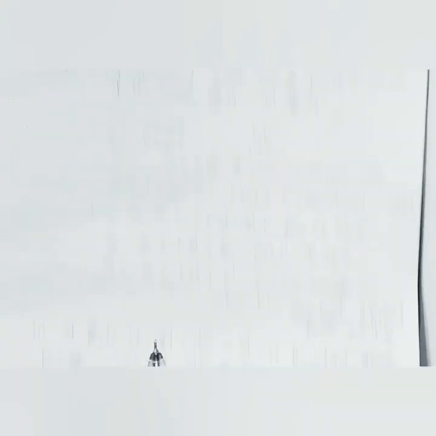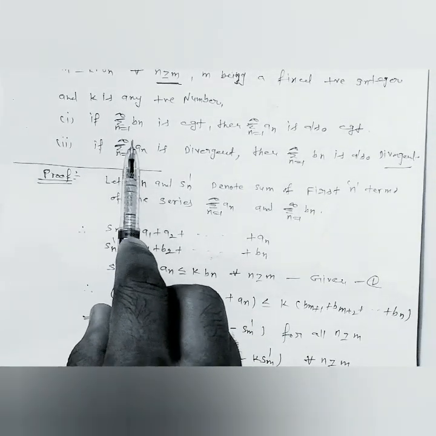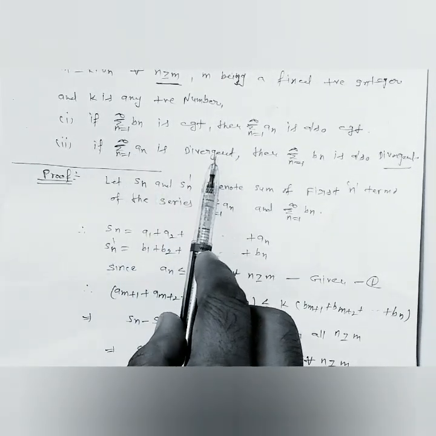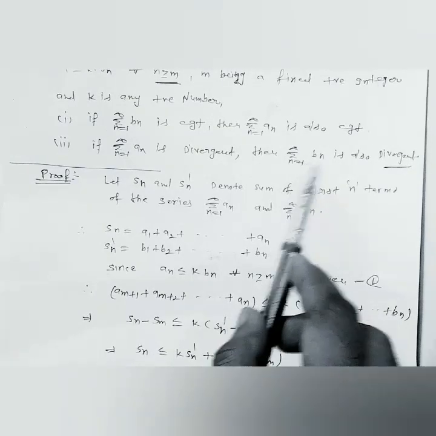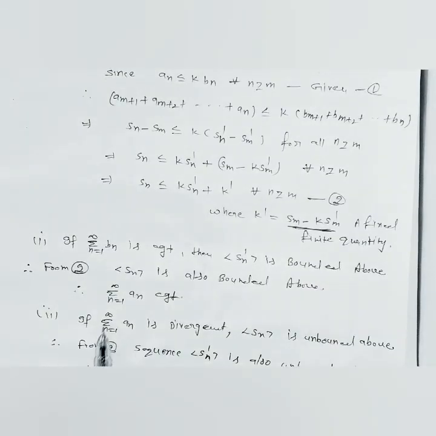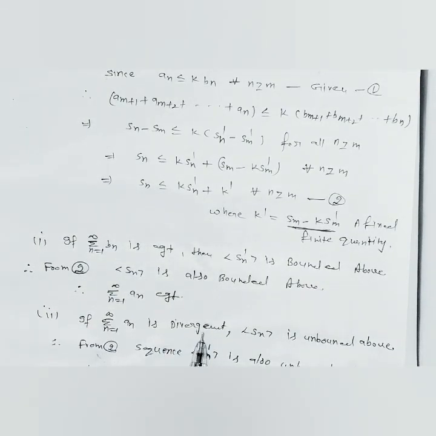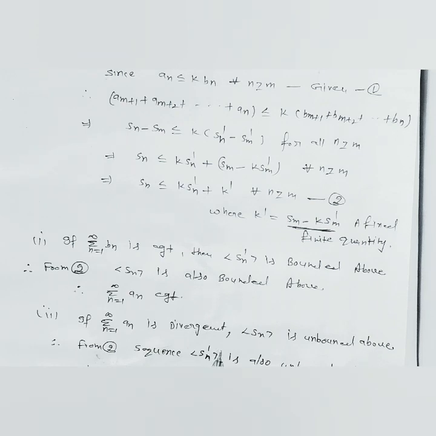Second part: if summation n equal to 1 to infinity an is divergent, then bn is also divergent. Here summation an is divergent. We know that if a series is divergent, then the sequence of nth partial sums of that series is not convergent, means it is not bounded above, so it is unbounded above.